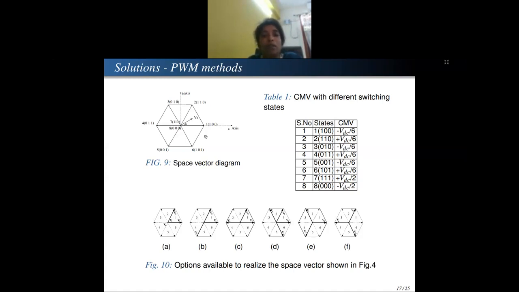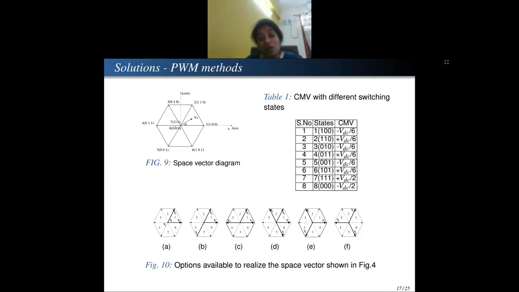So here, 1, 2, 3, 4, 5, 6 are called active vectors because these switching states result in a power flow between the DC side and the AC side. And 7 and 8 result in a zero vector. This is called the zero vector. It won't help in power processing, power flow from source to the load.